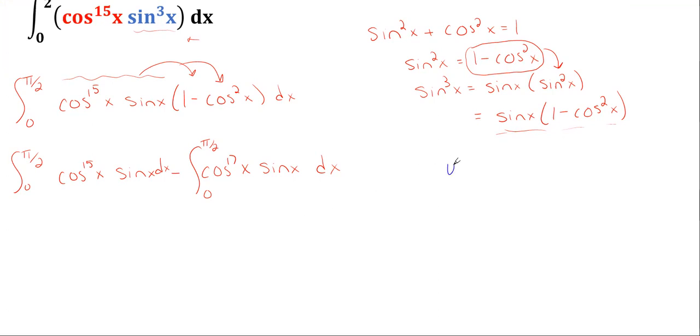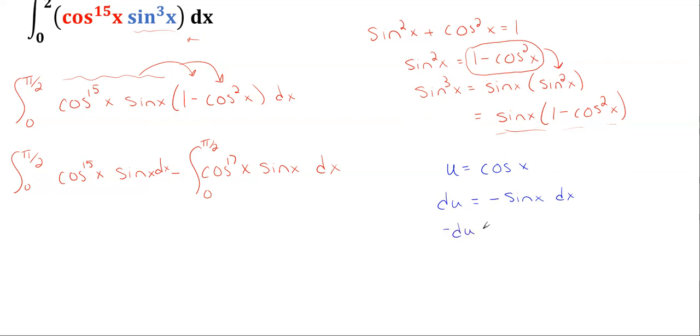So I'm going to let u be equal to cosine of x. That means for the derivative, du will be minus sine x dx, because the derivative of cosine of x is minus sine x dx. Take the minus sign, flip it over to the du.